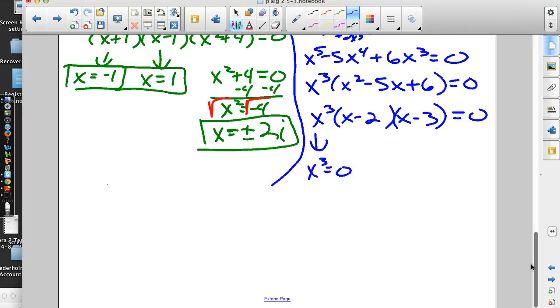X cubed equals 0. Well, when you take the cube root of 0, what do you get? Still just 0. Okay, well, these two, we can just look at them and say that's going to be x equals 2. That's going to be x equals 3. I'm short some zeros. Wasn't I supposed to have 5?